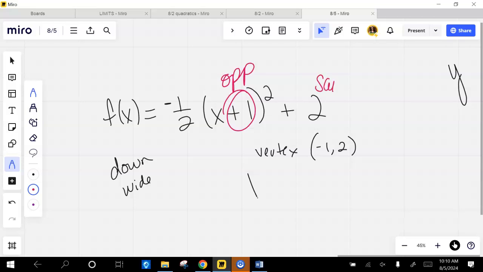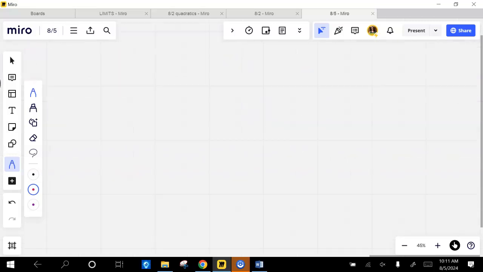If it's outside, it's same. What if one of them is missing? What is it? 0. All right. Everybody good? Let's do y equals.